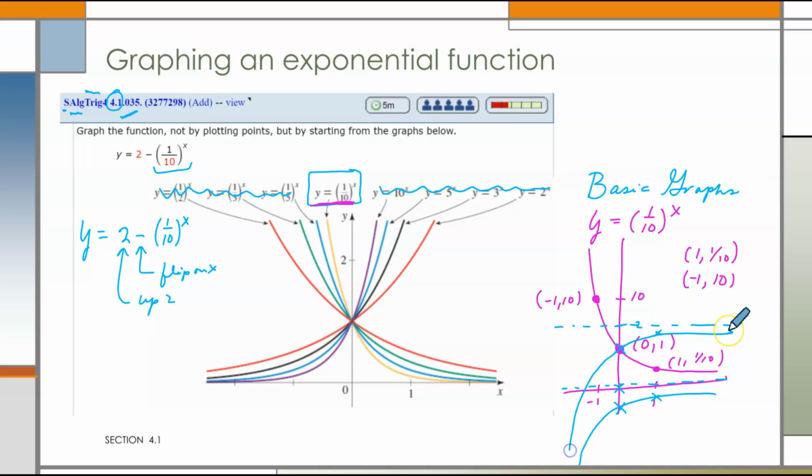Our horizontal asymptote is now at y equals 2. We move that up 2 units. We moved all of our plot points up 2 units. And so in WebAssign, what we should look for is a multiple choice answer that follows this graph.